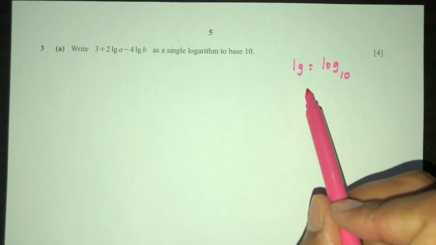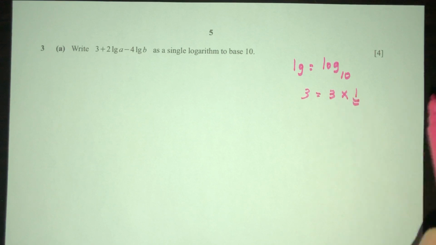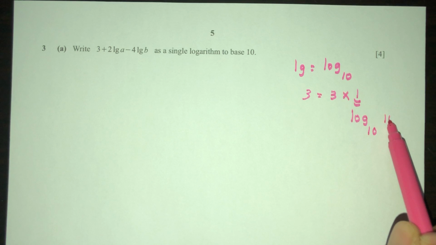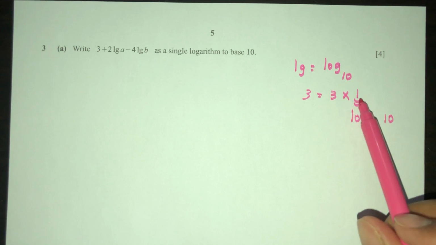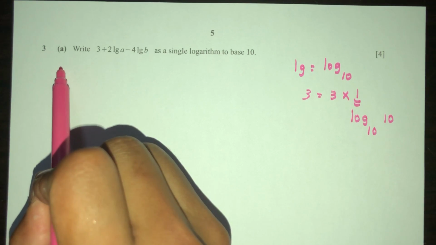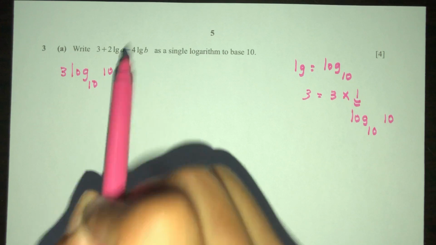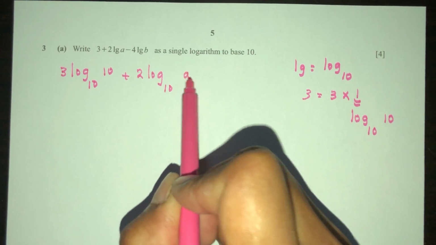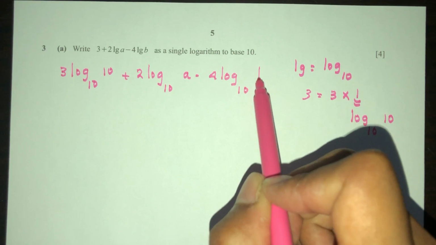So we have to understand, 3 is what? 3 is 3 times 1. Now what is 1? 1 is log to the base of 10 taking 10. So when the base is the same as this value, this becomes 1. So we can rewrite this here, that will become 3 log base 10 of 10, plus 2 log base 10 of a, minus 4 log base 10 of b.